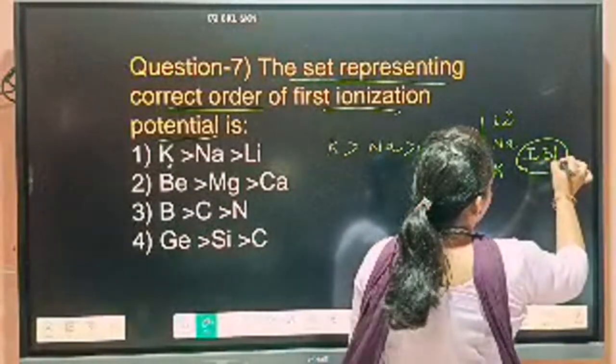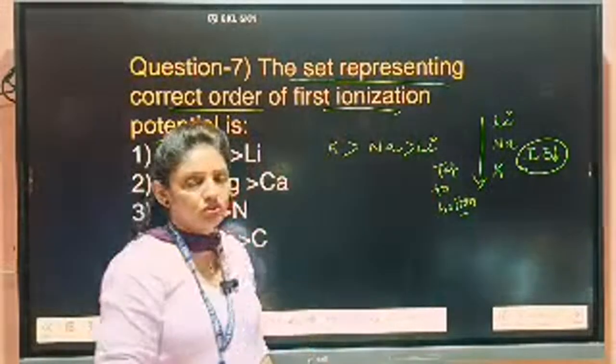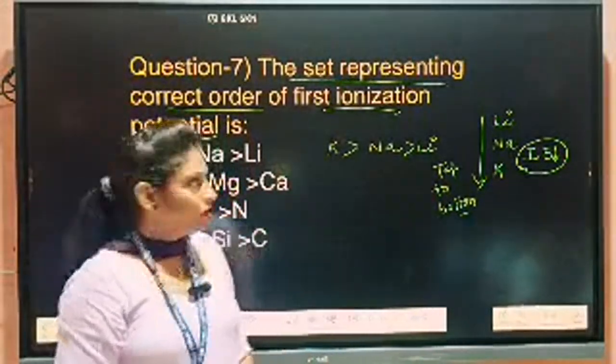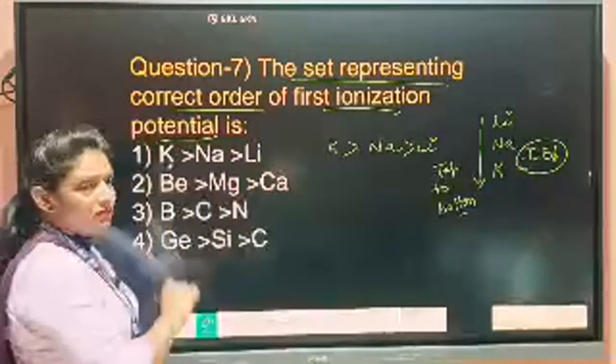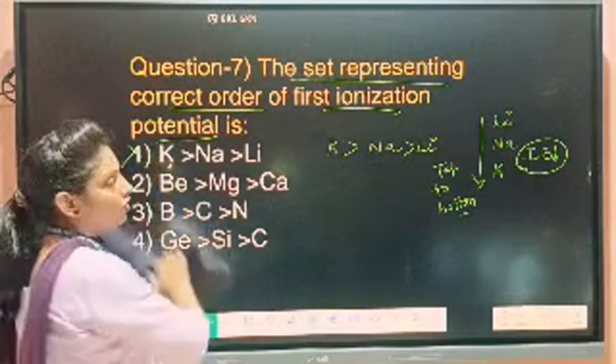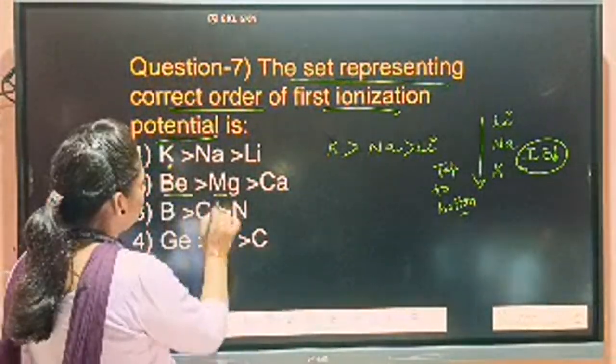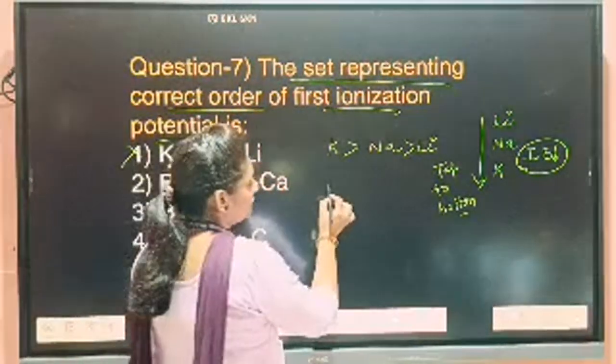So ionization enthalpy for potassium should be minimum. Here it is given maximum. So this one is not the correct option. Clear?